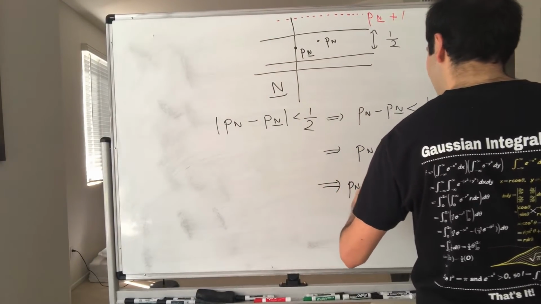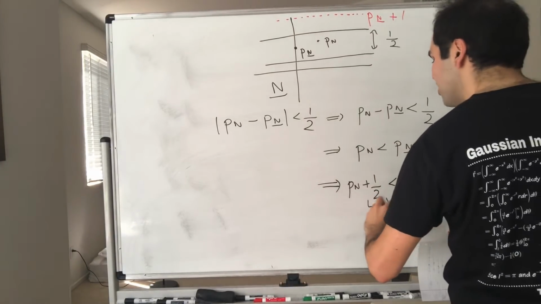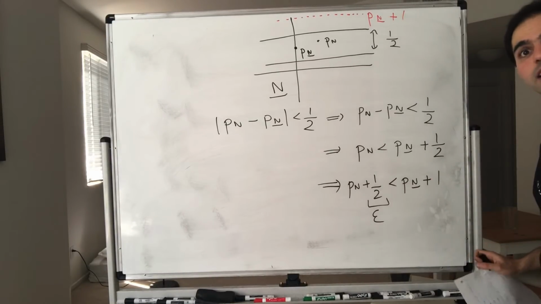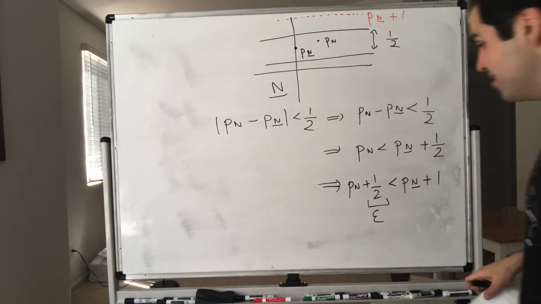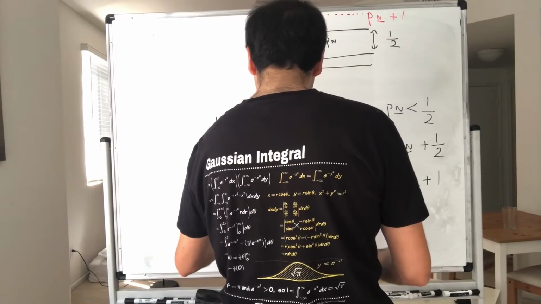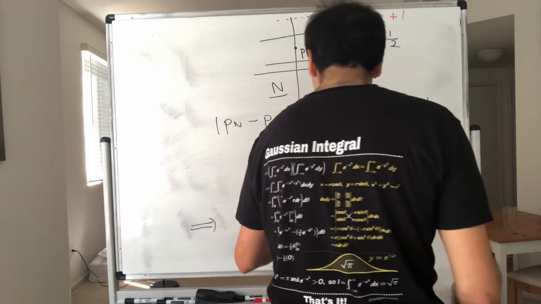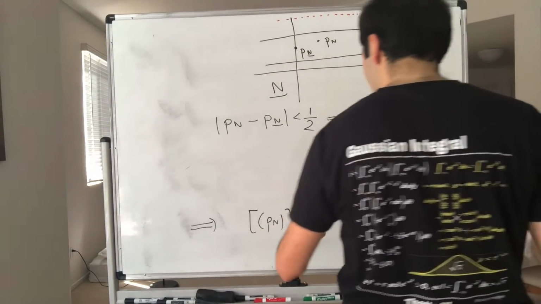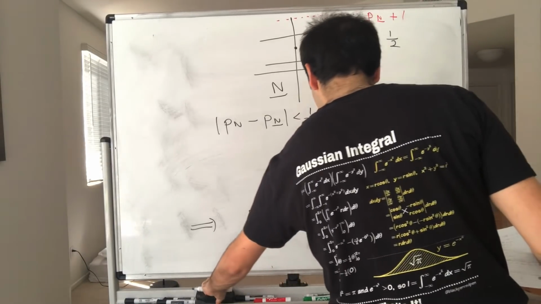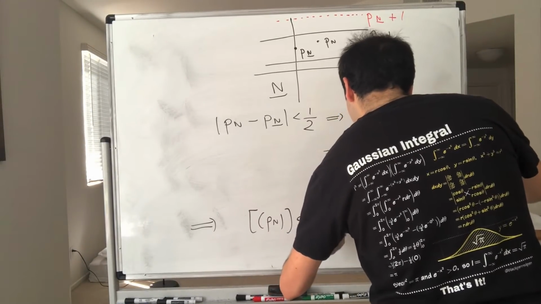You just add 1/2. This will be our epsilon in the definition of a sequence being less than something else, and therefore what we get is that the sequence Pn is less than the constant sequence P capital N plus 1.